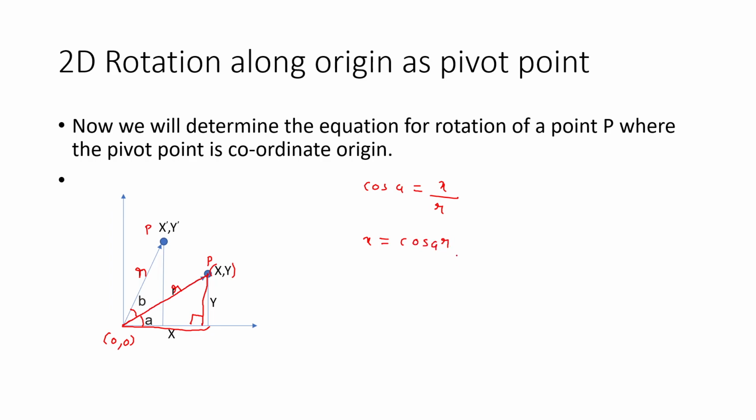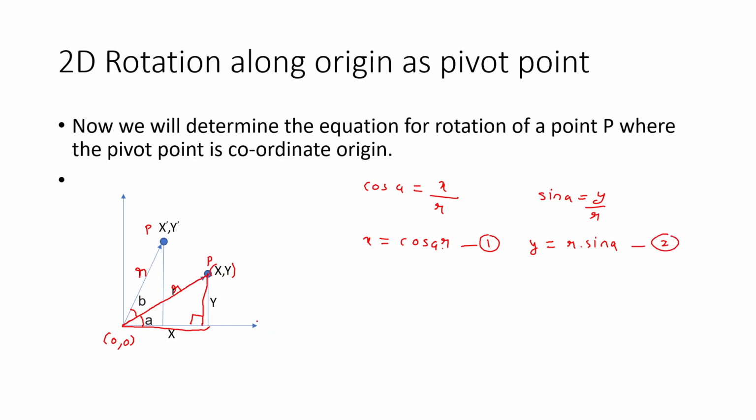Similarly, sin A is equal to y divided by r, since y is the opposite side of this angle A. In terms of y, we get y equals r into sin A. You can write it as cos A multiplied by r or r multiplied by cos A; it's one and the same thing. Let's call this equation number 1 and this equation number 2.